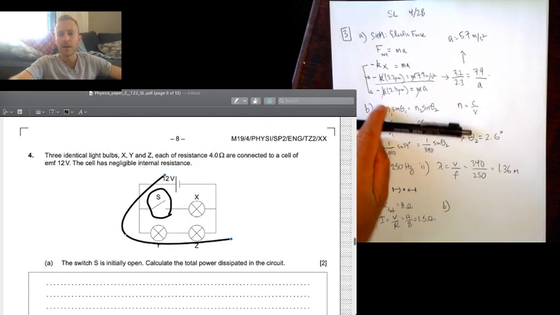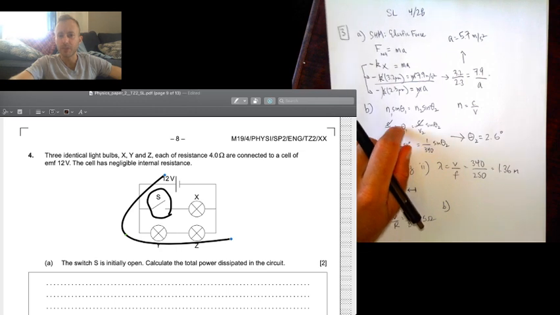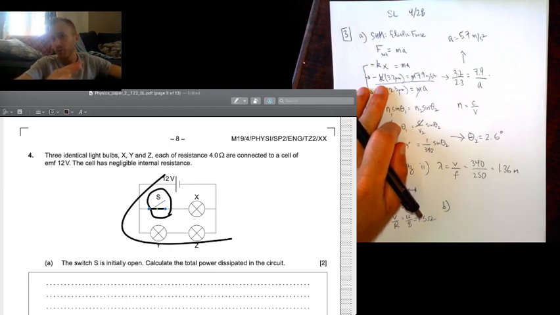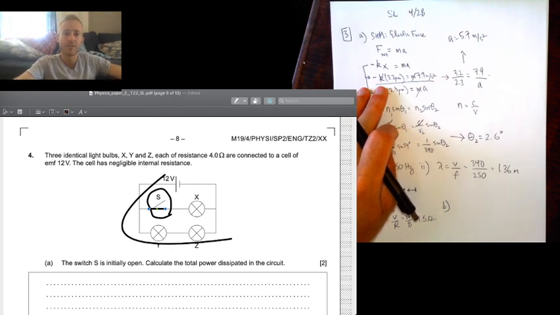Well, basically, if we close the circuit so that now this is allowing current to flow, you've added another pathway for the current to flow. Now the current can flow this way, whereas it wasn't able to go that way before. And so that means that the resistance in the circuit went down.